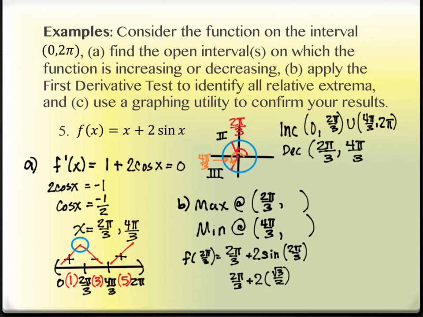It's not a very pretty value. And the best I can do to simplify it differently is that it's 2 pi over 3 plus square root 3, right? It's just ugly. So up here, that's the value that goes in here. It's 2 pi over 3 plus the square root of 3.